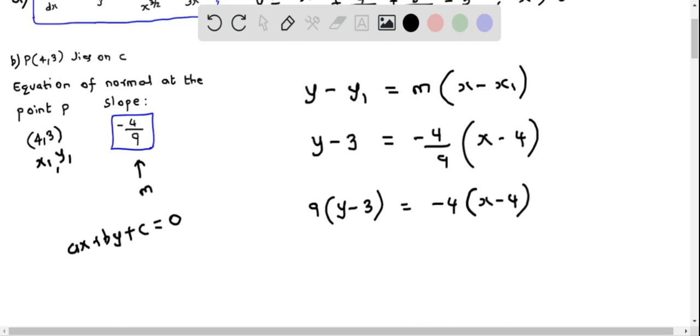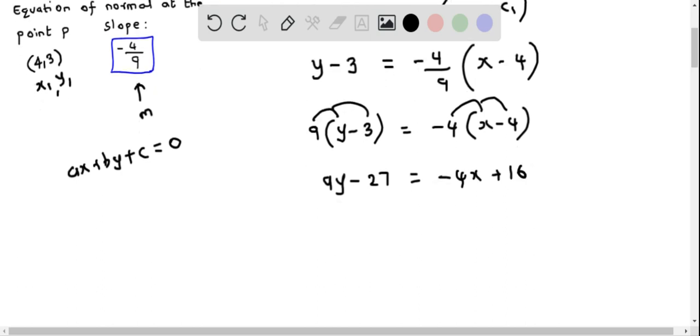We will now do the distribution on both sides. So here we distribute the 9 with y minus 3. So this becomes 9y minus 27 equals, multiplying negative 4 with x minus 4, this becomes negative 4x. Negative 4 times negative 4 is positive 16.